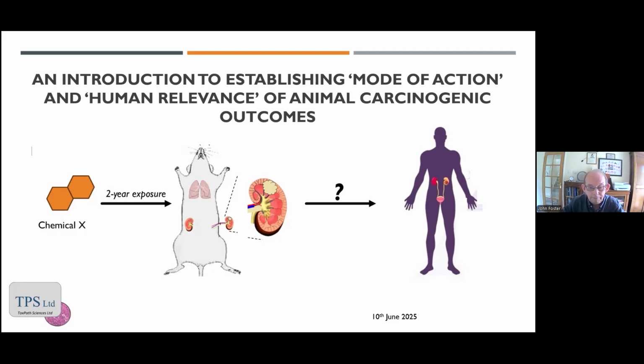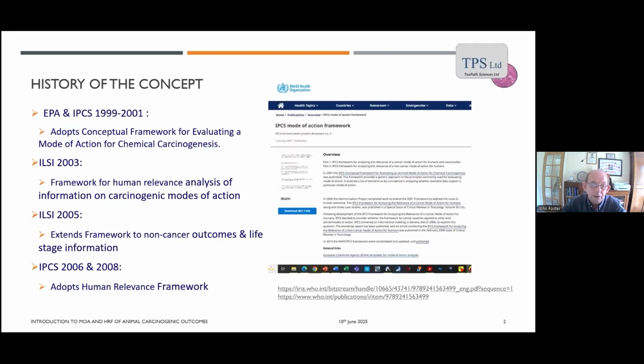So the next slide then is a history of the concept. It was voiced or proposed in the late 1990s to early 2000s, originally in America by the Environmental Protection Agency and the International Programme on Chemical Safety, IPCS.